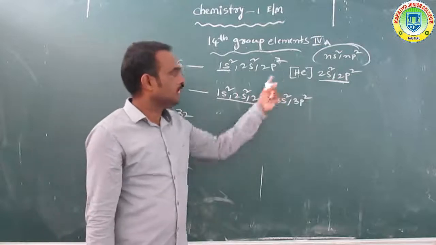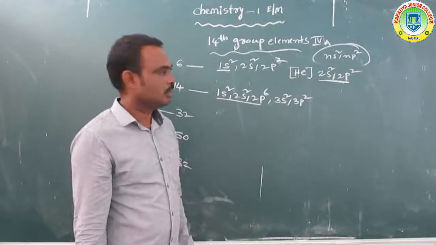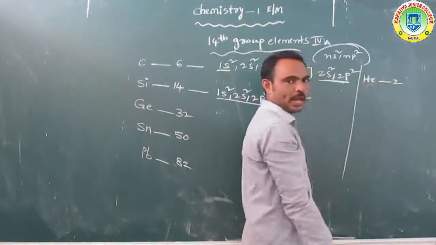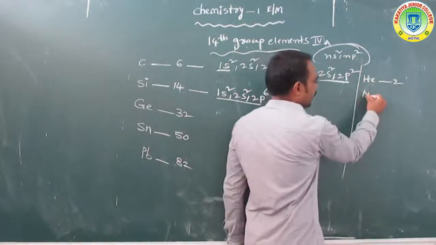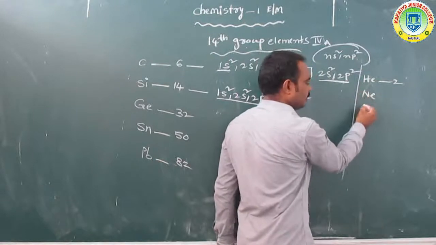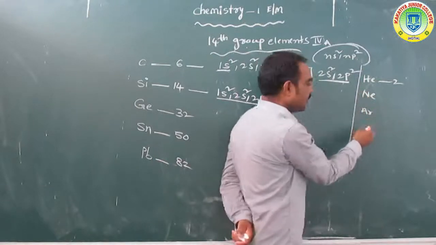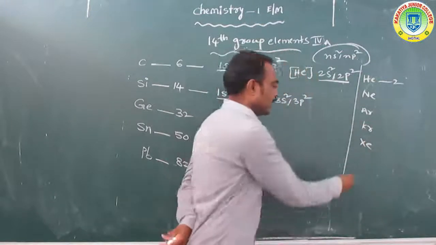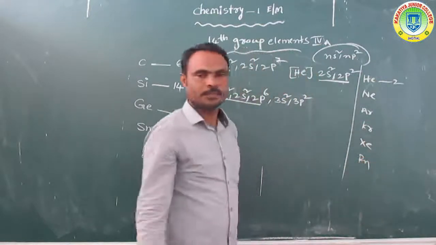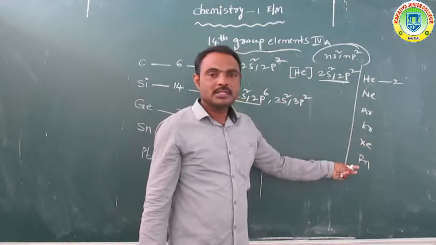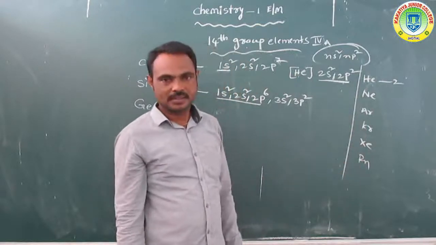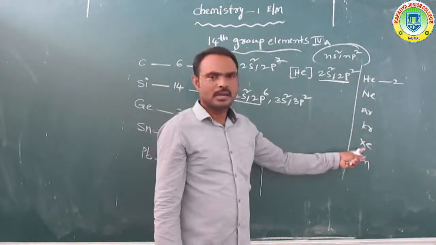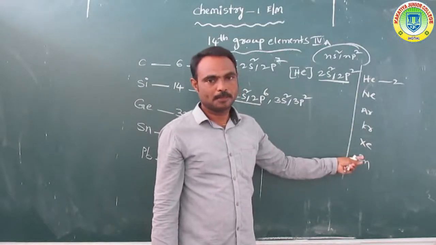Helium, neon are noble gases. Overall, helium, neon, argon, krypton, xenon and radon are all noble gases or inert gases. They are 18th group elements.